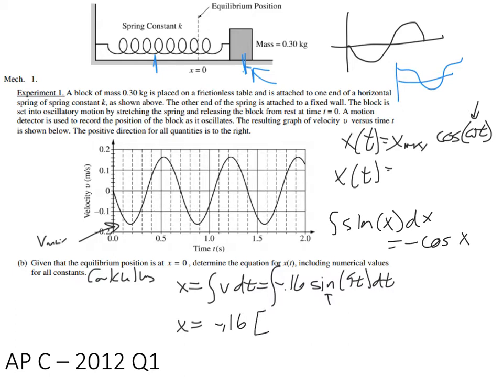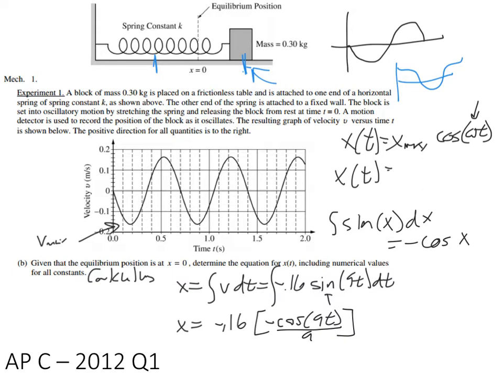And then you take the integral of this, so you end up getting negative cosine 9 of t. But you have to take into account that 9 in there, so that gets divided by it.